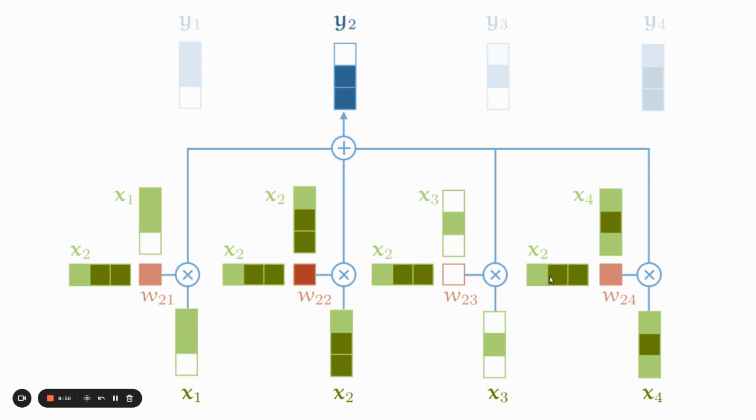In this case it's h2, but when we're calculating y1, there'll be h1 here, and when we're calculating y3, there'll be h3 here instead, and so on. That's the second role. And the third role is here. So there are 3 different roles that these input vectors play while doing this calculation.